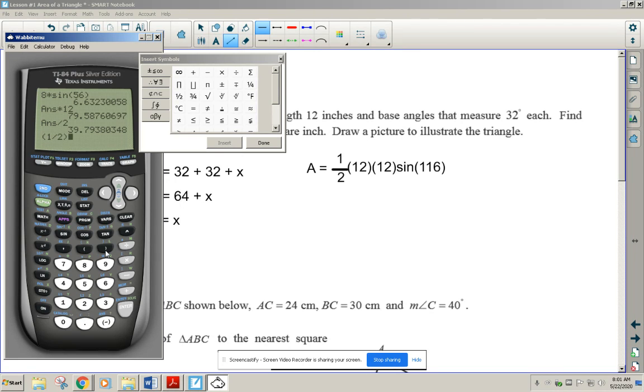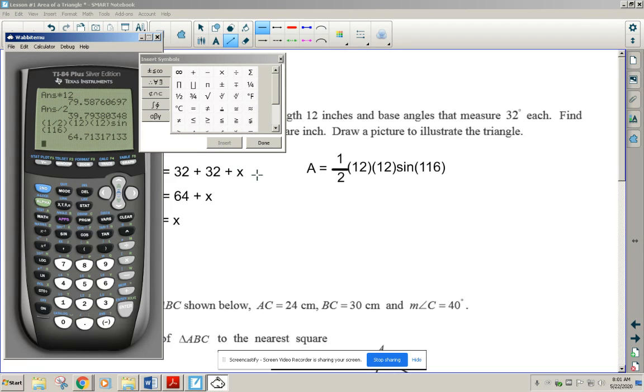1/2, and then I have 12 times 12, so you can write it all the way out, or you can write 12 squared. I don't care which way you go. And then we have the sine of 116 degrees. So if my face was longer, this whole thing would have been straight across, but look, the whole thing is there. I hit enter, and I get, to the nearest square inch, 64.7.